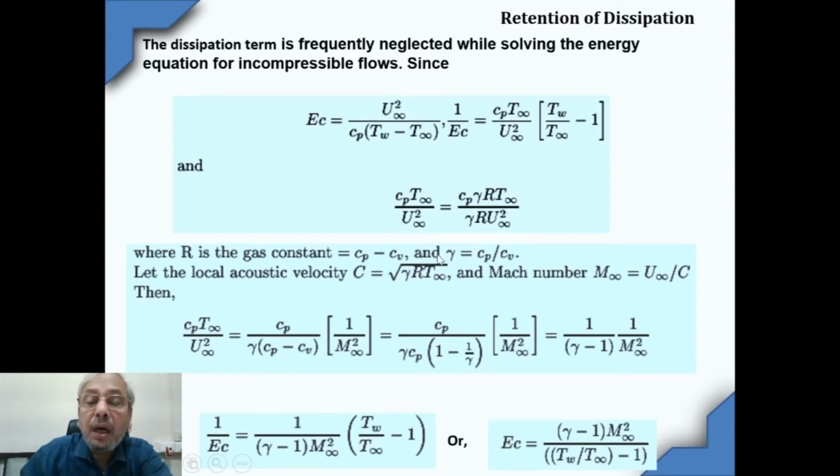We also define Mach number, which is velocity divided by local acoustic velocity. So this Cp T infinity by U infinity square, with a little bit of algebraic manipulation, we can write it as 1 by gamma minus 1 multiplied by 1 by Mach number square.